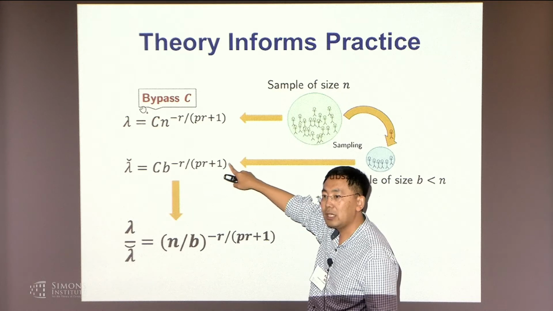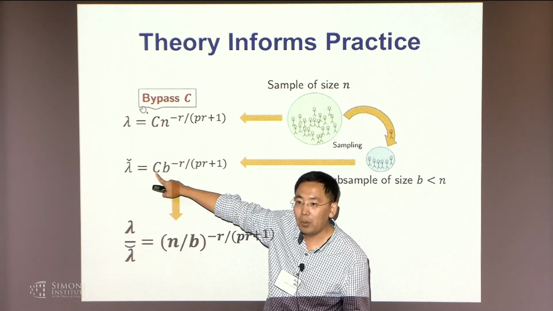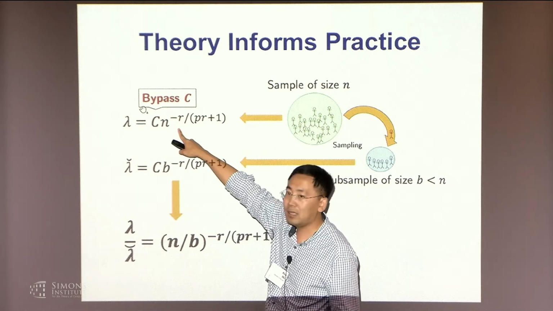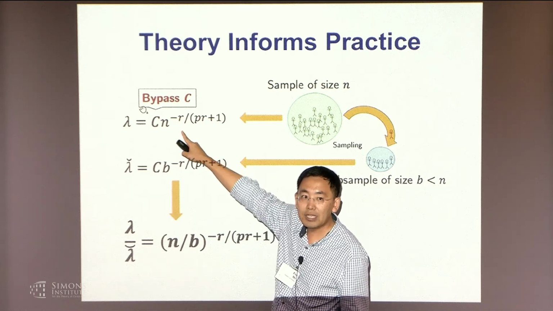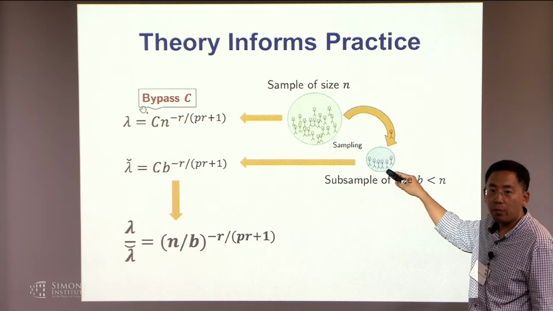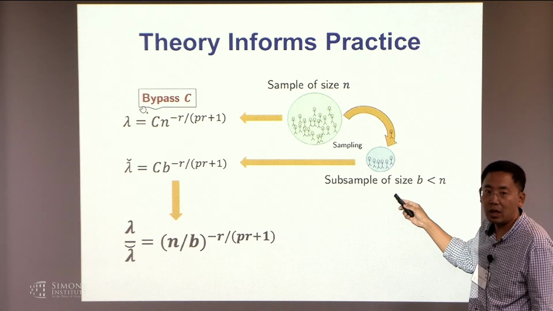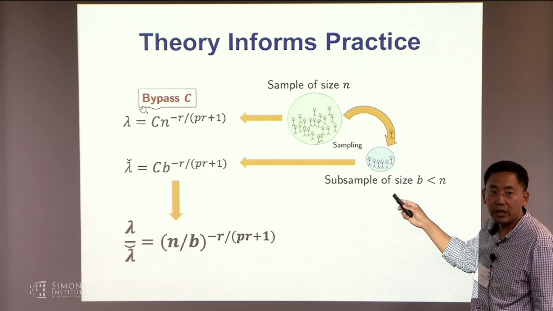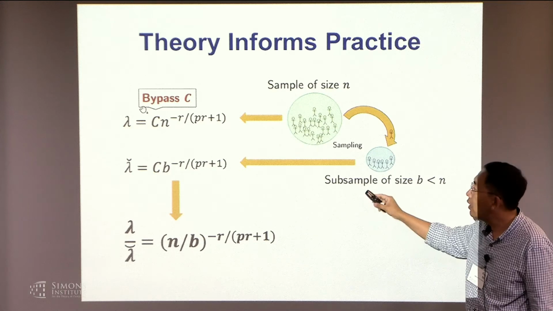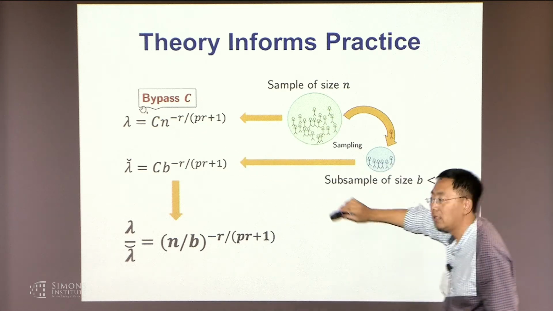The theoretical analysis still holds, and this c we hope is kept as a constant, and this is the full sample theoretical result. In this small sample, we performed the empirical analysis, in this particular case using generalized cross-validation to calculate the empirical smoothing parameter for us. And then we extrapolate to get these.